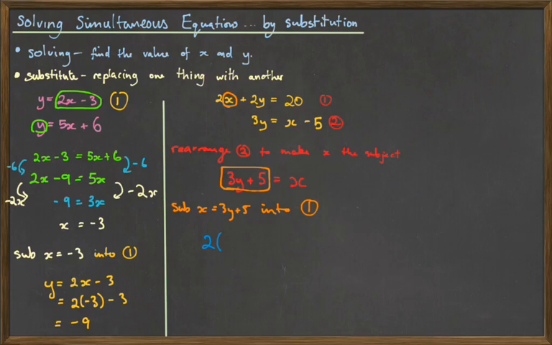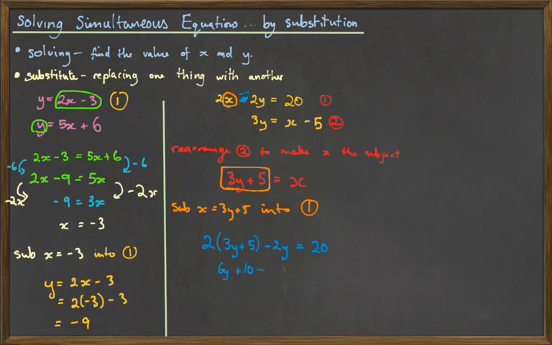Okay, so doing that, I get 2 brackets 3y plus 5, plus 2y equals 20. Okay, apologies, I realised the question up here was in fact a minus sign. That should be correct on your sheet. So this is 2 brackets 3y plus 5 minus 2y is equal to 20.